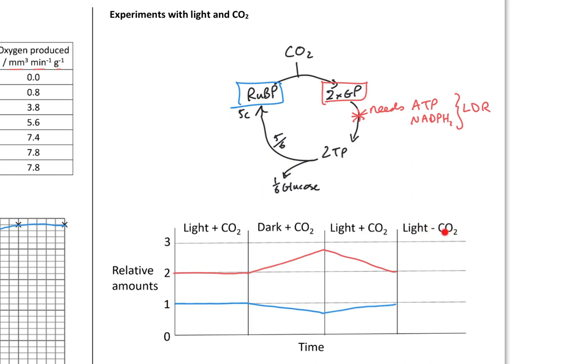Now we're going to get rid of CO2. If we've got rid of CO2, it can't do this step, which means that RUBP can't be converted into GP. So GP is going to be slowly used up because GP can still be converted into RUBP, since I've got light, and therefore ATP and NADPH. So this is where we get the classic crossover graph, where this comes down and my blue line goes up.